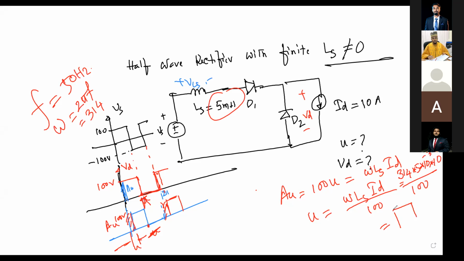So this one will be in degree or radian? Radians.